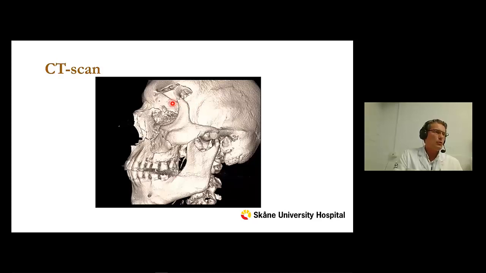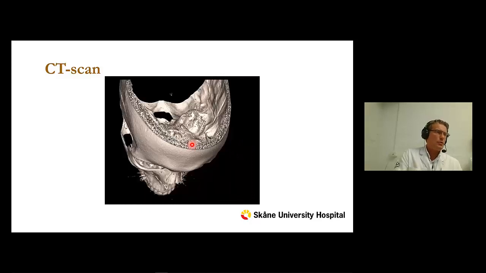The frontal bone is rotated 90 degrees inwards, and the arch, the cheekbone arch, is also fractured just above the lower jaw joint. This is a picture of the cranial base, and you can see the roof of the eye socket is pointing 90 degrees into the brain.